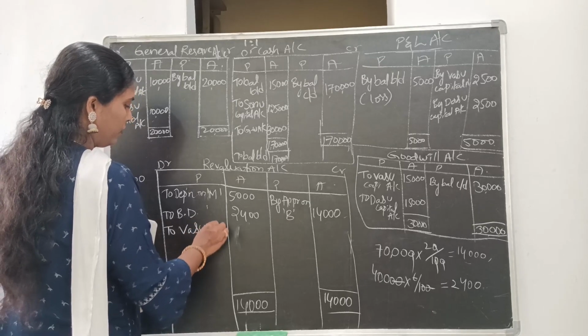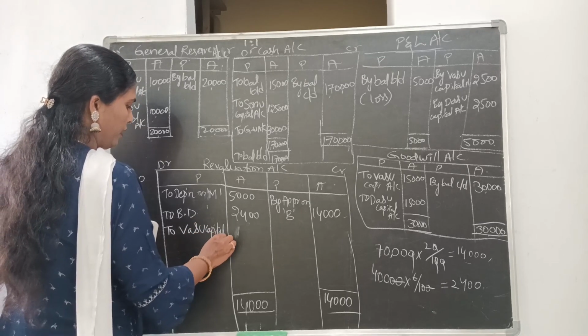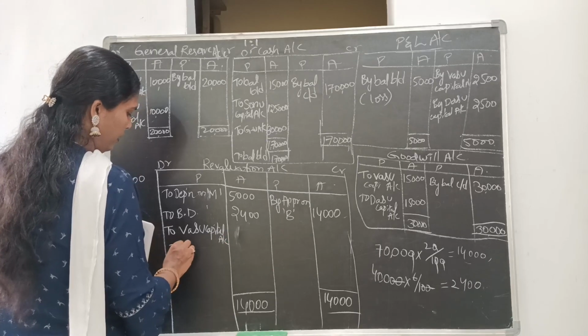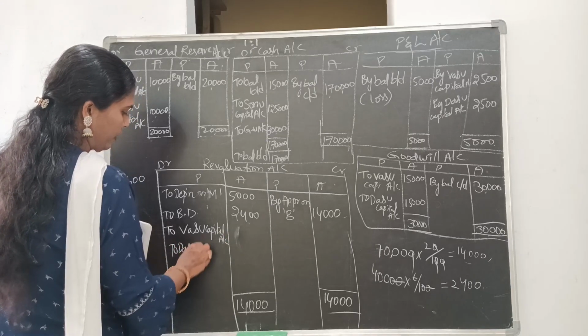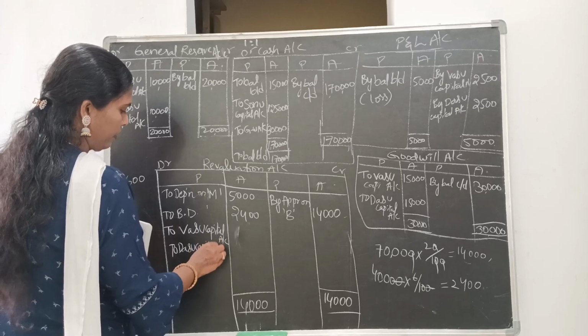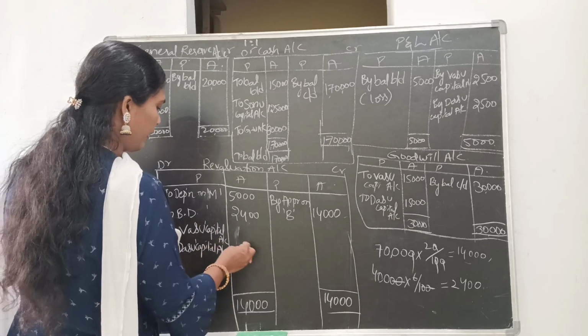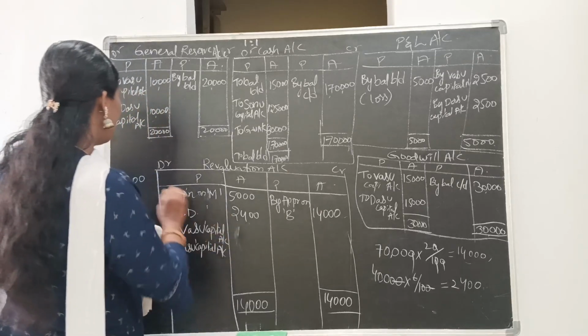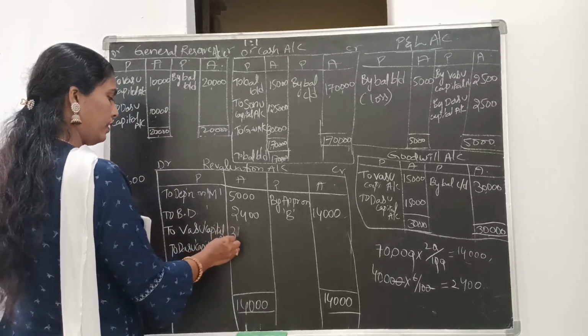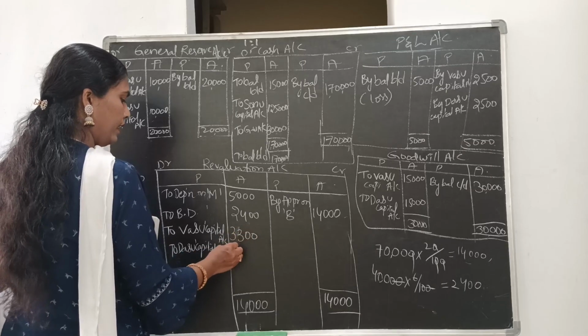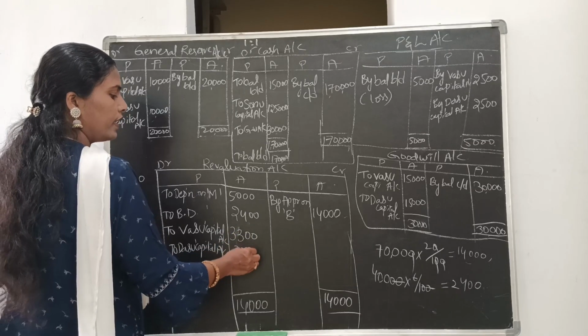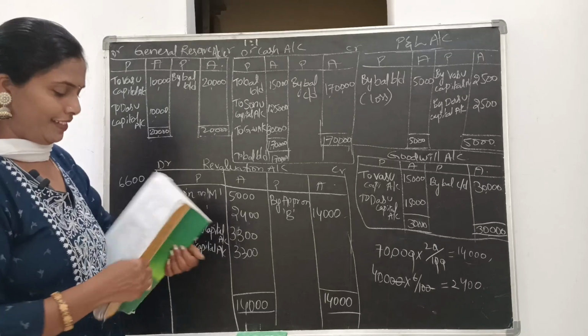Vasu capital account and to Dasu capital account. 6,600, so 3,300 and 3,300 is the revaluation profit.